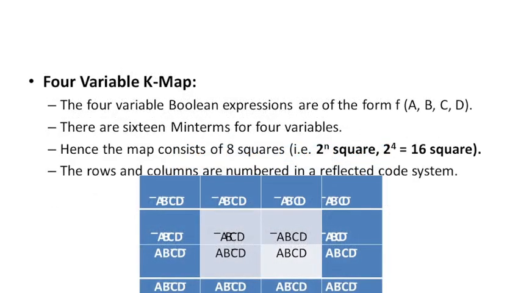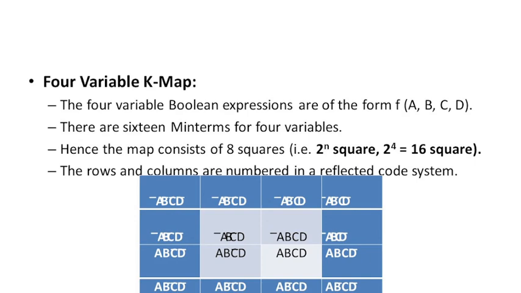Four variable K-map. The four variable Boolean expressions are of the form f(a, b, c, d). There are 16 minterms for four variables. Why? Because 2 to the power n squares means 2 to the power 4 is equal to 16 squares.